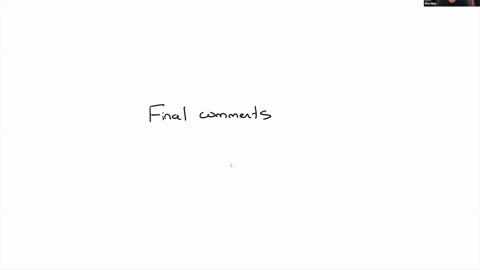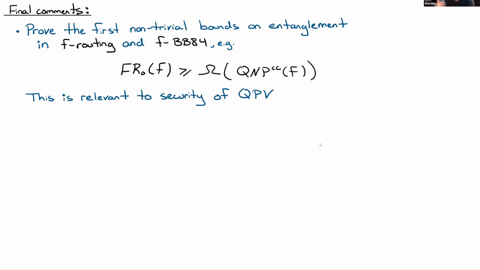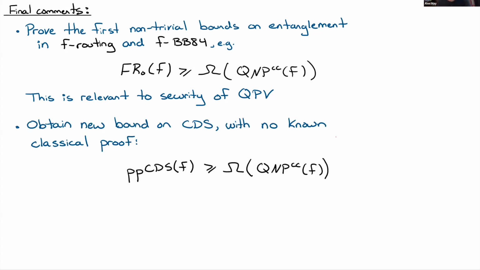Okay, so I'll just wrap up with a few final comments. The main result here is that we find a new technique for proving entanglement lower bounds on non-local quantum computation. In particular, our technique applies to F routing and to this other case, FBB84. This result is relevant to the security of quantum position verification. One byproduct of this is that we obtain a new lower bound technique for conditional disclosure of secrets.